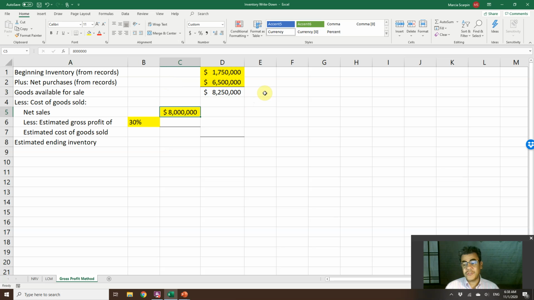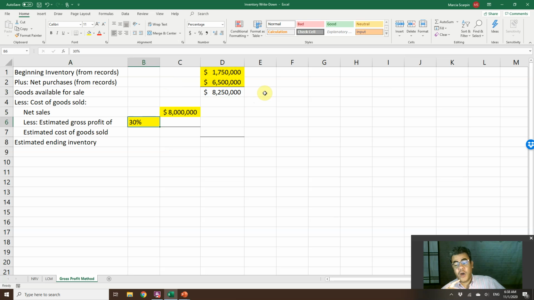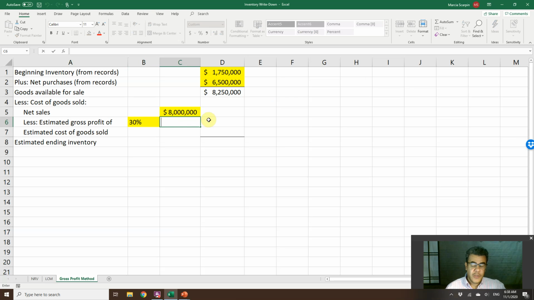Net sales, 8 million. Less, this is what we need: the estimated gross profit. What is the percentage? That is why it is also called the gross margin. 30%. So our estimated gross profit will be 8 million times 30%. It will be 2.4 million.